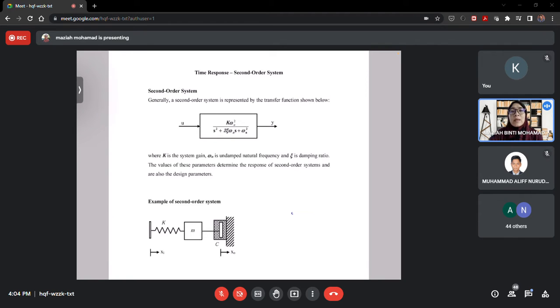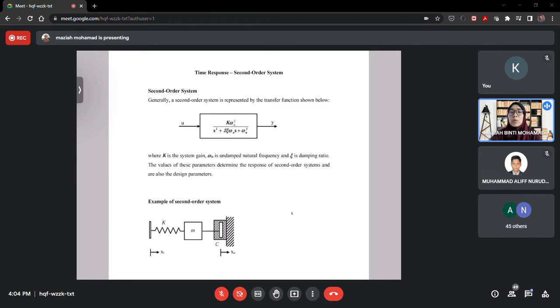I believe everyone still remembers the transfer function for first order system, where it is k over 1 plus ts. We discussed k, the static gain, and the effect of t, the time constant. So for today we're going to look at second order system.